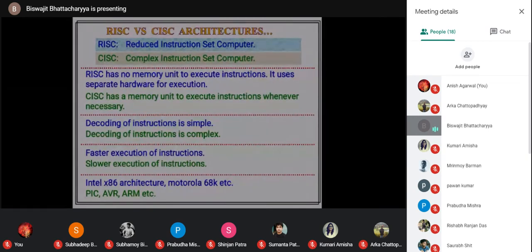So decoding is simple in RISC, but in CISC it is quite complicated. Some of the instructions are simple there in CISC, some are quite complicated. So decoding takes varying time also.